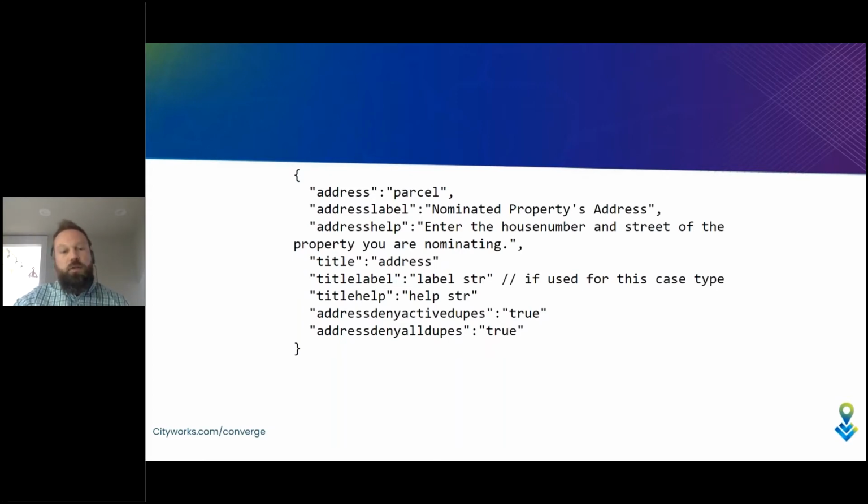And then, because we're interacting with the public and we need to provide a little bit more context, this isn't a small audience. So we provide address label and title label to better label those inputs if we're using them on this case type, and the help values do the same.